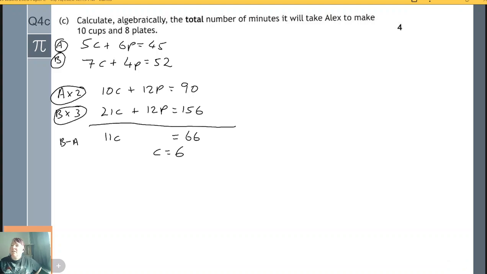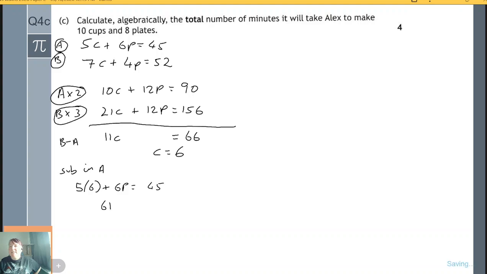And now I need to do substituting in. And I'm going to substitute that into the first equation. Just because numbers, I don't know, they might be a bit friendlier to us. Right, so 5 times 6 plus 6P equals 45. 5 times 6 is 30.